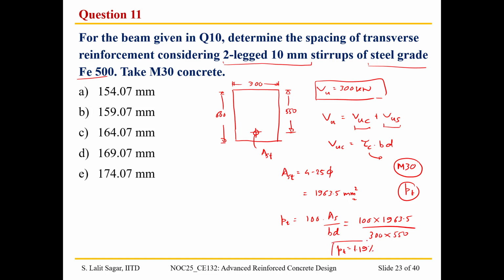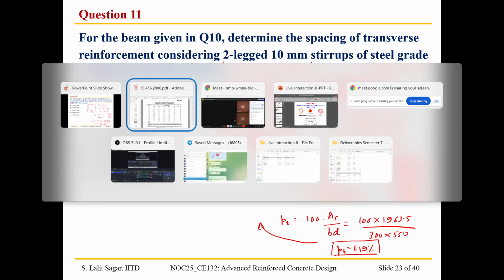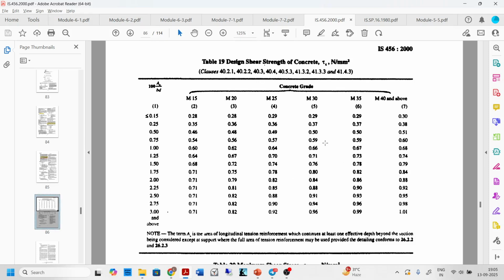Now let us go to table 19 and see what is the corresponding tau c we are going to get. For M30 concrete, corresponding to 1% we have 0.66, and corresponding to 1.25% we have 0.71.